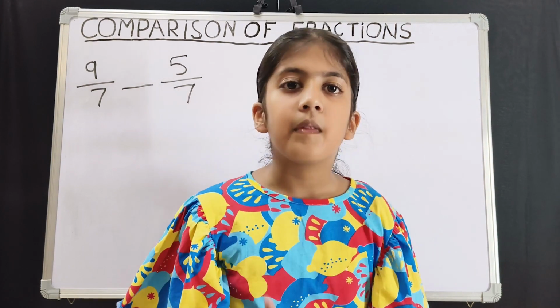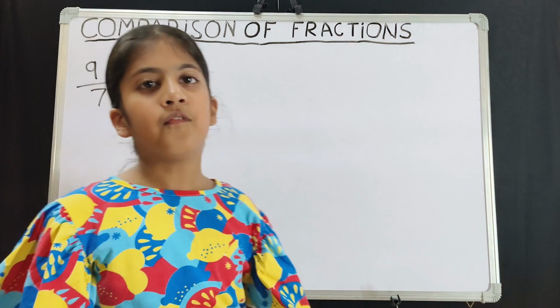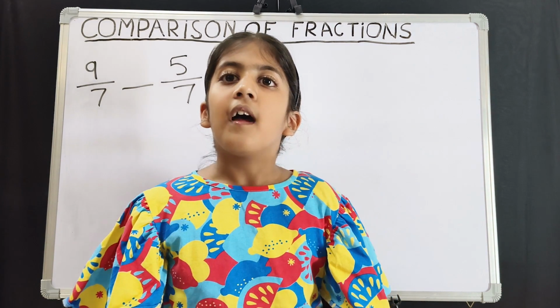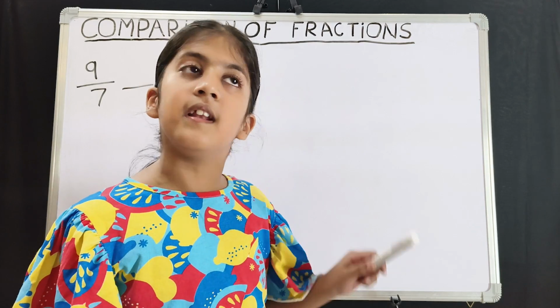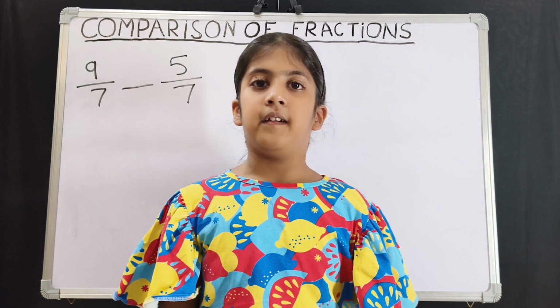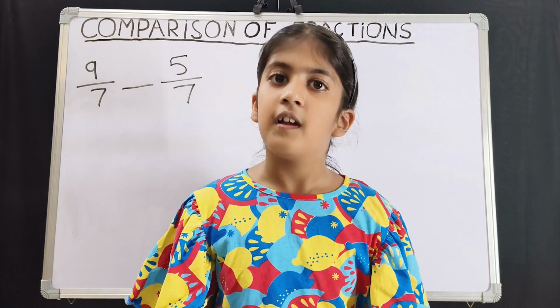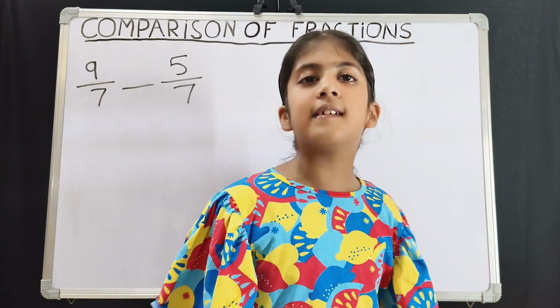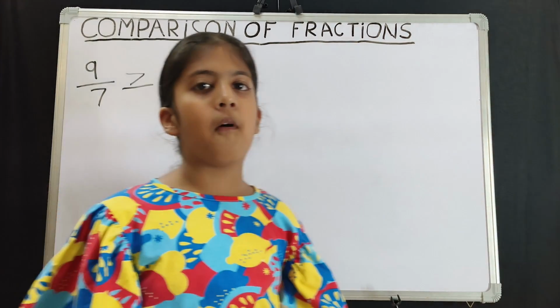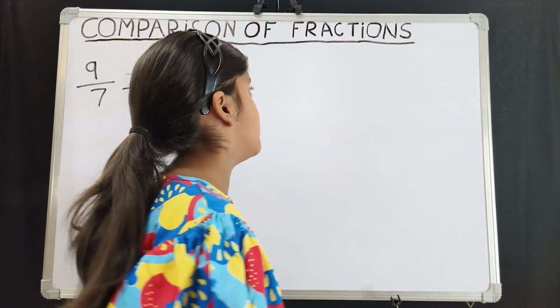Let me tell you. These two are like fractions because they have the same denominators. So, we will compare the numerators. Which is bigger, 9 or 5? 9. So, 9 upon 7 is the bigger fraction and 5 upon 7 is the smaller fraction.